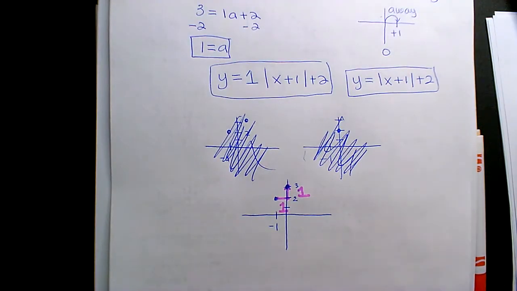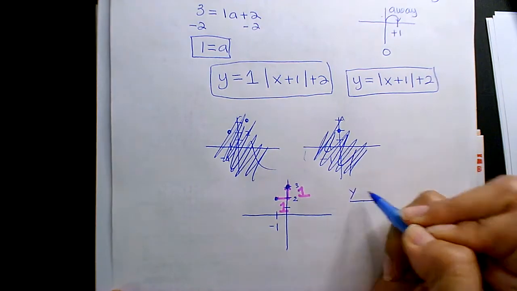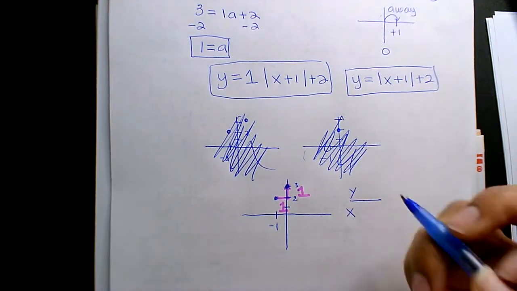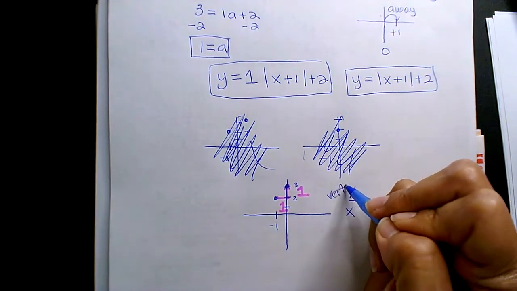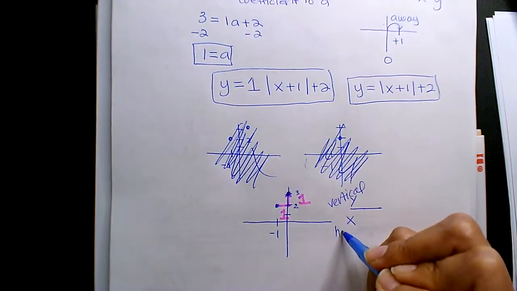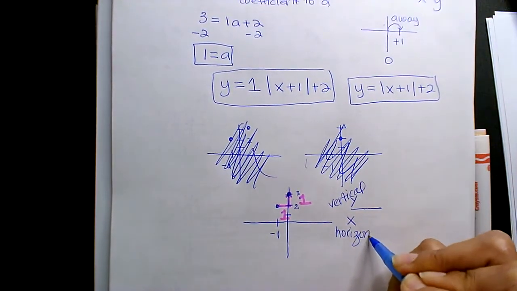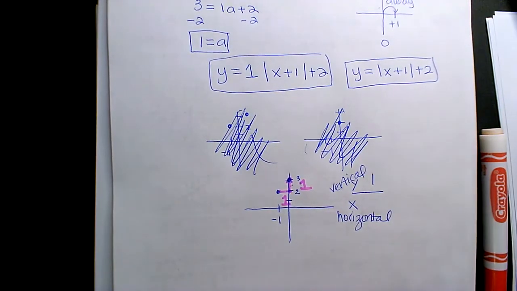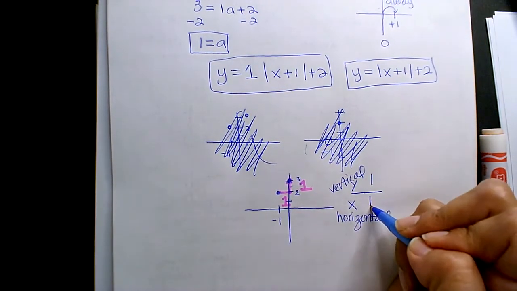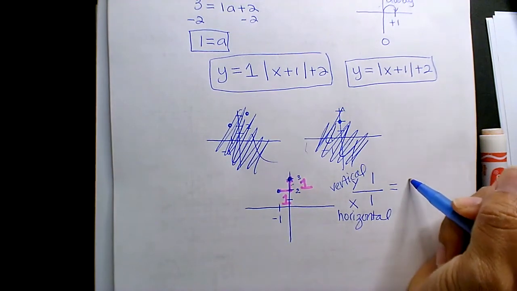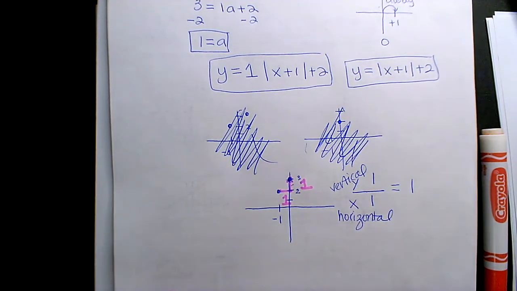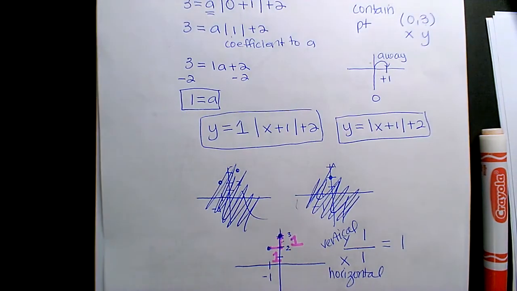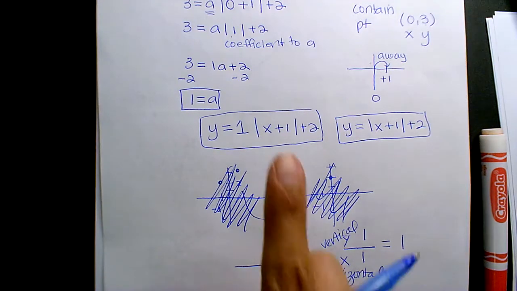So you make a fraction of that. The y is on top, the x is on the bottom. Or the vertical movement is on top, the horizontal is on the bottom. So what's my vertical movement? 1. What's my horizontal movement? 1. What's 1 divided by 1? 1. So what's the a value? 1. And you just throw it in.